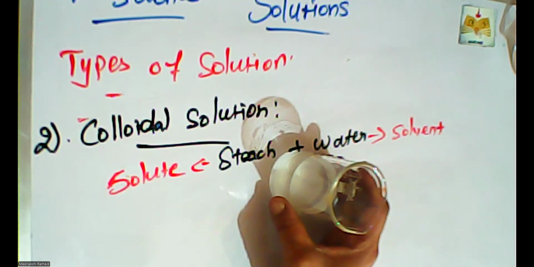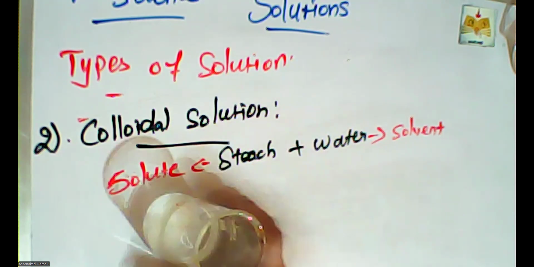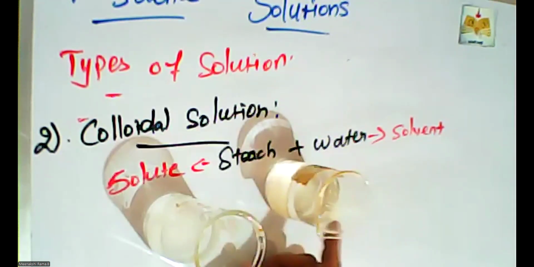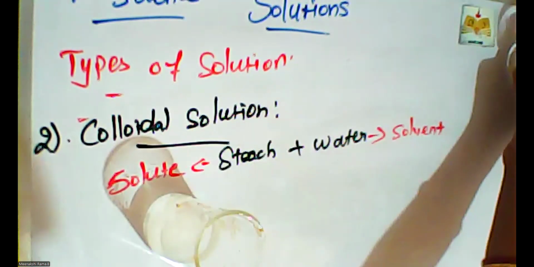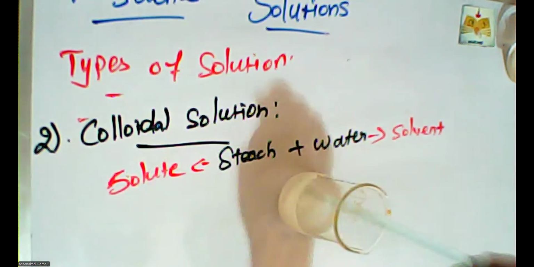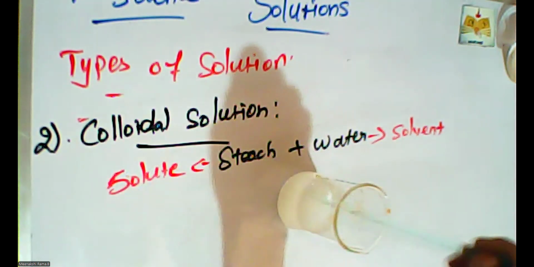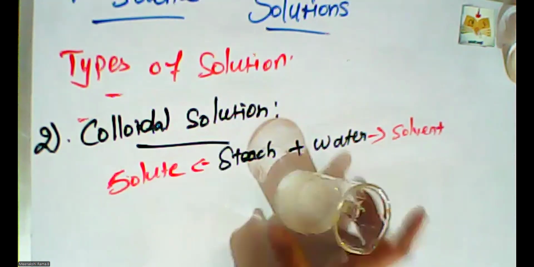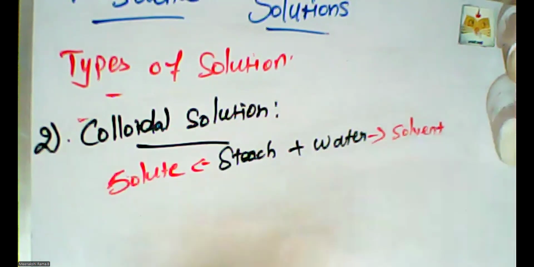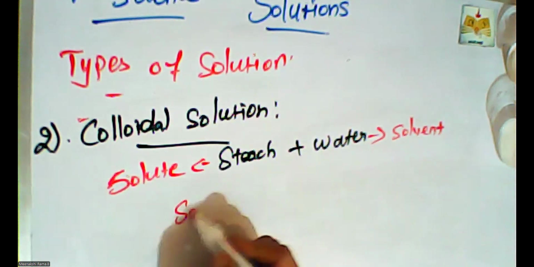Compared to the true solution, the true solution is very clear. See this beaker, it is very clear. So this is a true solution. This solution is not clear in nature. It looks cloudy in nature. So it is not clear. So the particles are not dissolved.